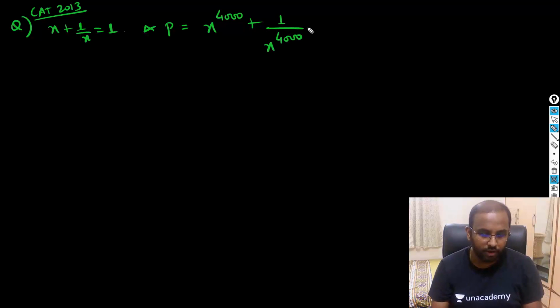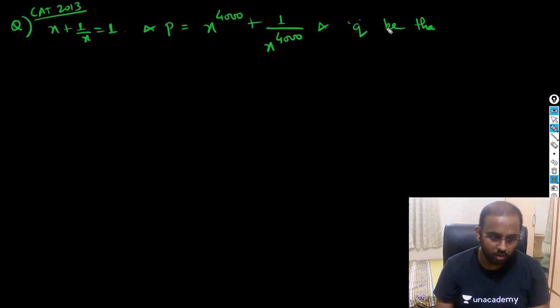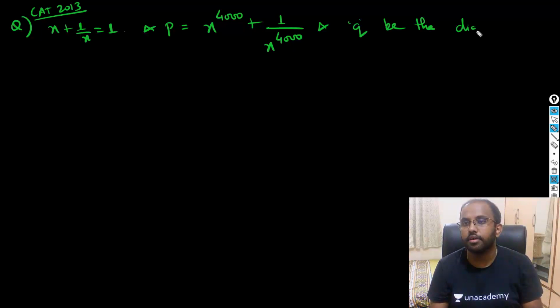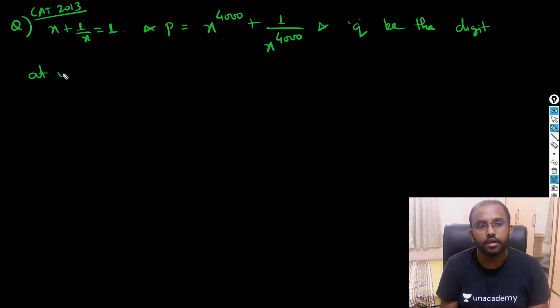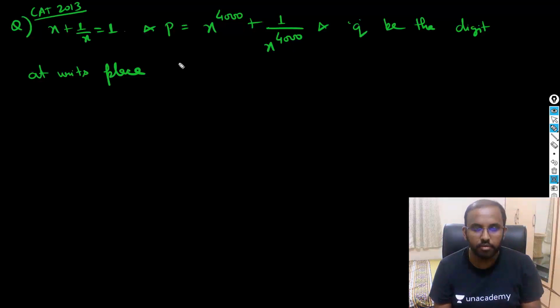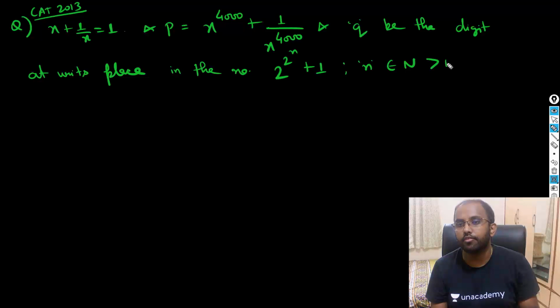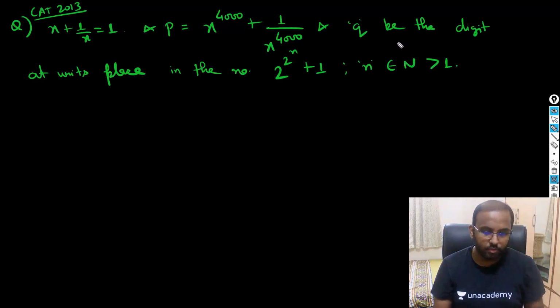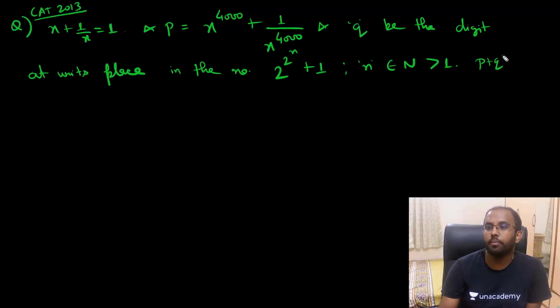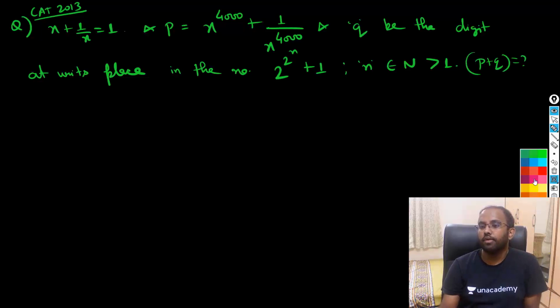And let q be the digit at units place in the number 2 raised to n plus 1, where n is a natural number that is greater than 1. Then what is the value of p plus q? This is the question. Let's solve it.